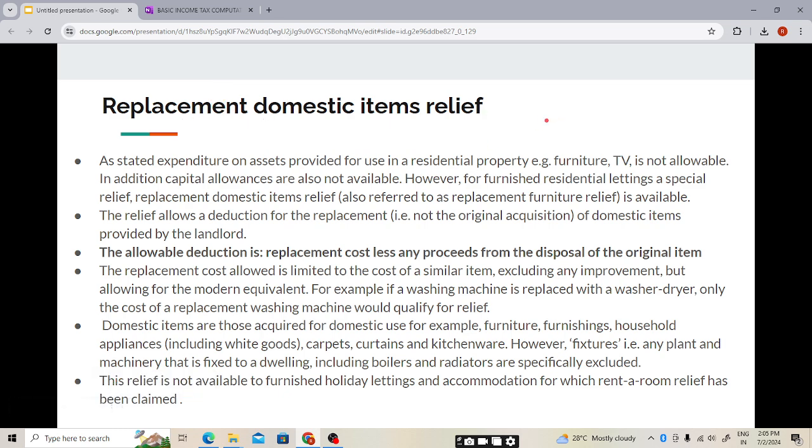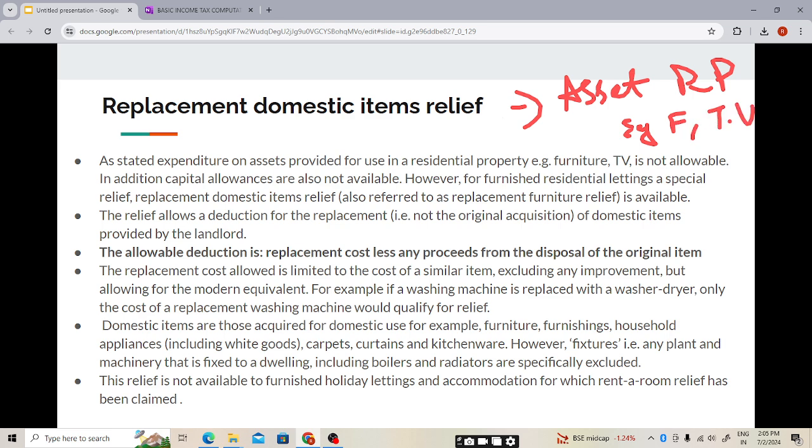This relief applies to assets which are provided along with the residential property, for example furniture, TV, etc. Say you are providing some property for letting out, and you are providing the furniture and TV for the first time. You can't claim the capital expenditure because it is not allowed. When you are replacing it, you will be getting this relief.